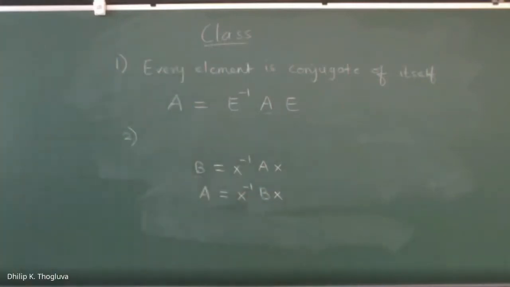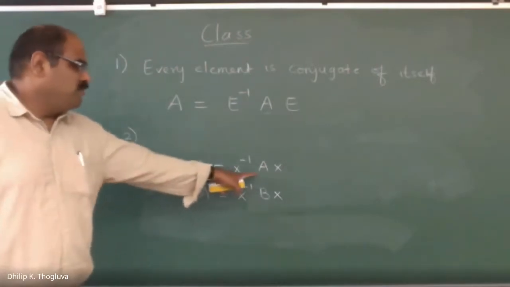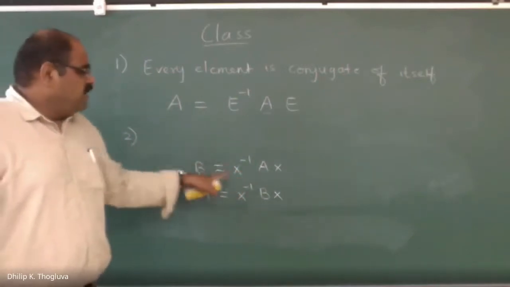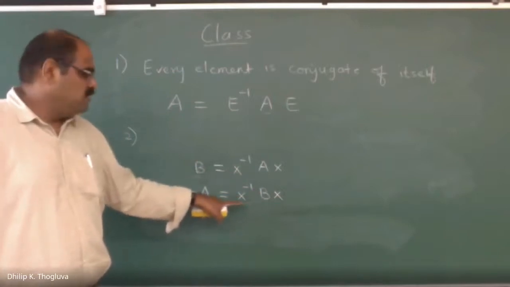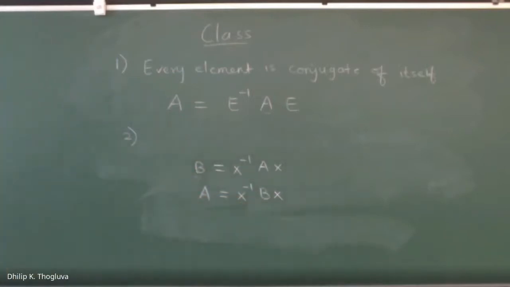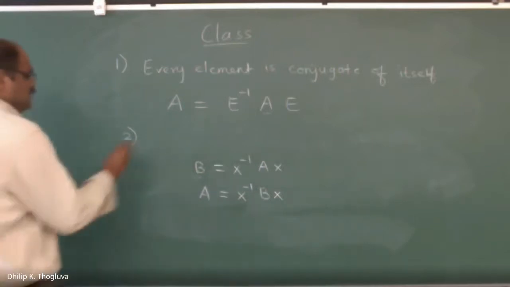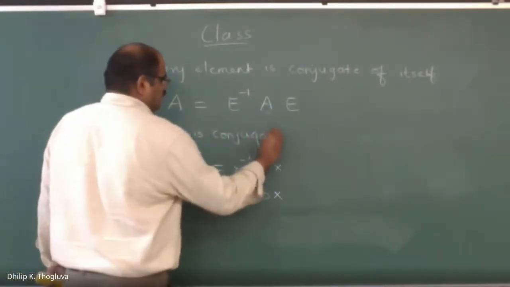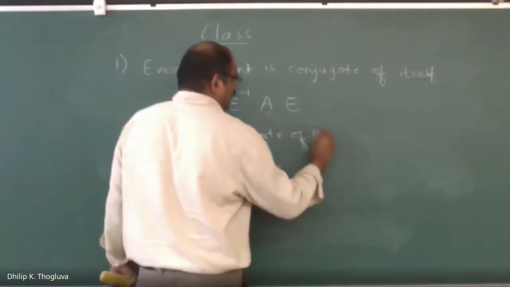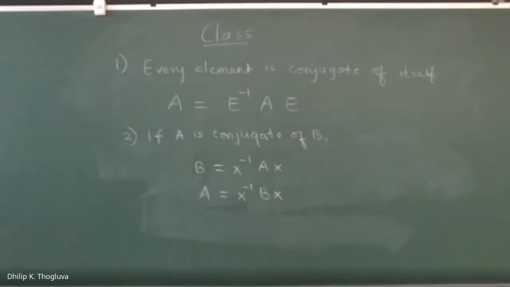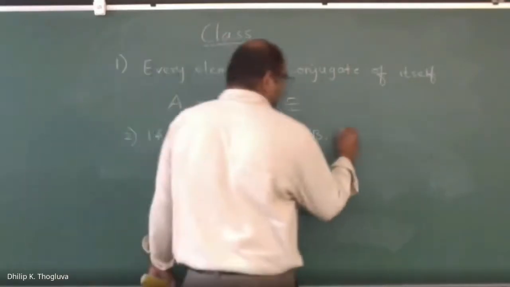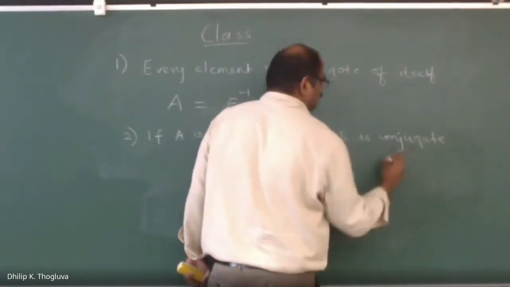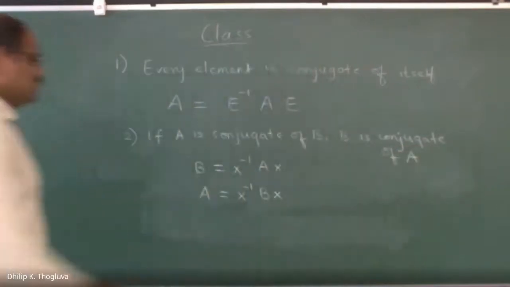Meaning, if you perform a similarity transformation of A with respect to X, it results in B, and if you perform a similarity transformation of B with respect to X, it will result in A. So if A is a conjugate of B, then B is also a conjugate of A. Okay, so this is valid.